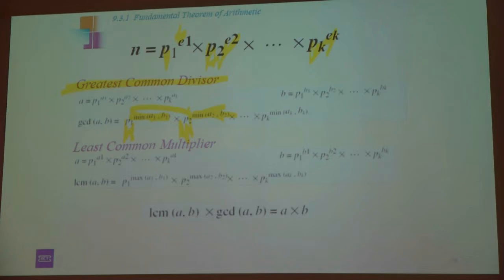For the least common multiplier, it will be with the max, not the minimum. Alright? So what you also need to know is that the least common multiplier multiplied by the greatest common divisor gives you the value of a multiplied by b.